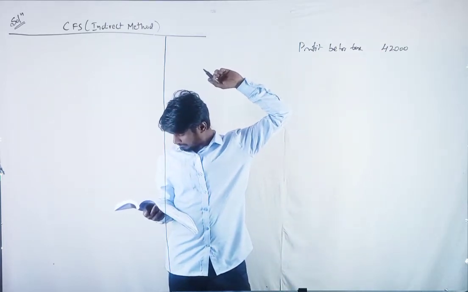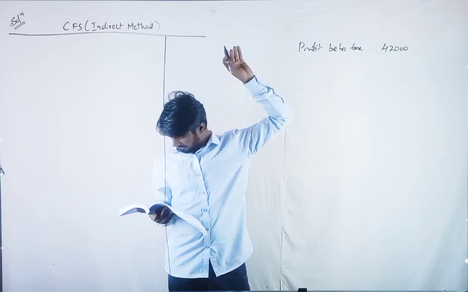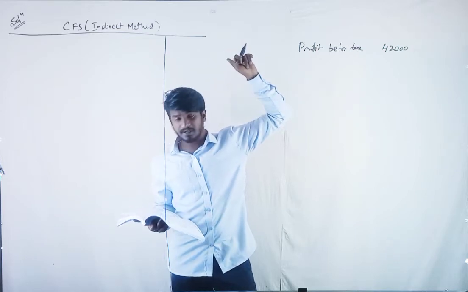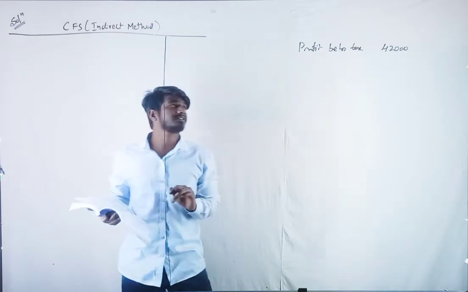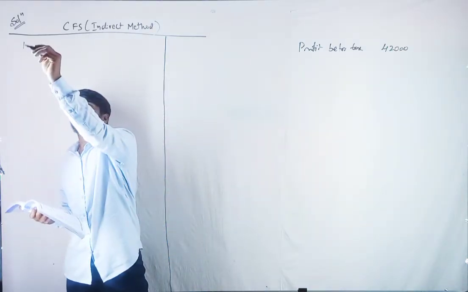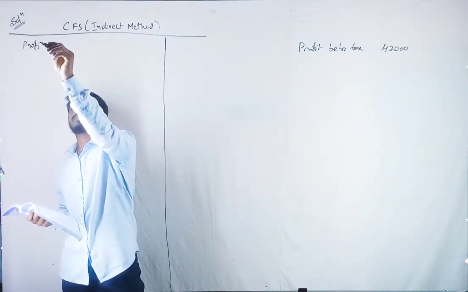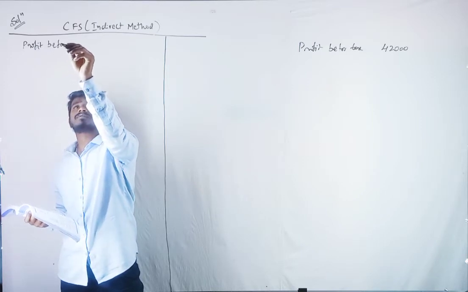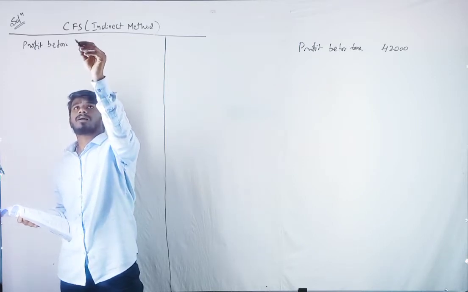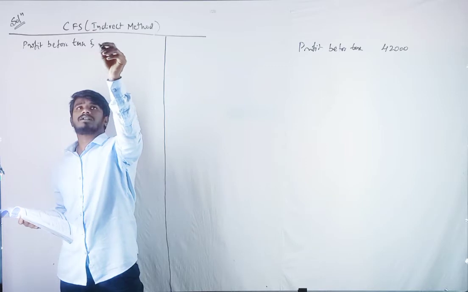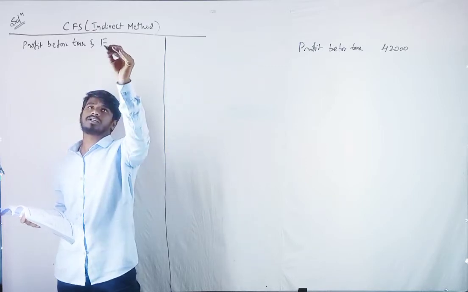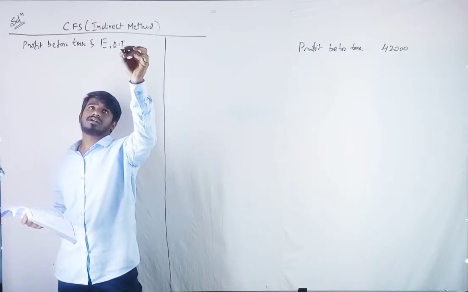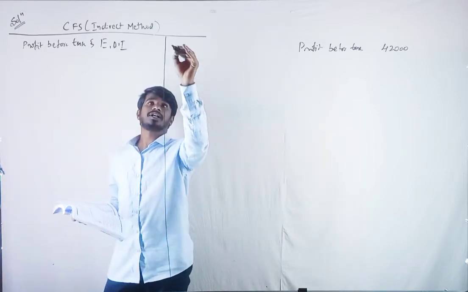There is no income tax added. There is no dividend and general reserve. Fine. Straight away, profit before tax and extraordinary item, 42,000.